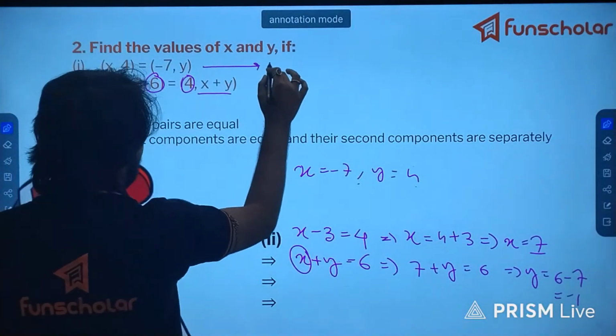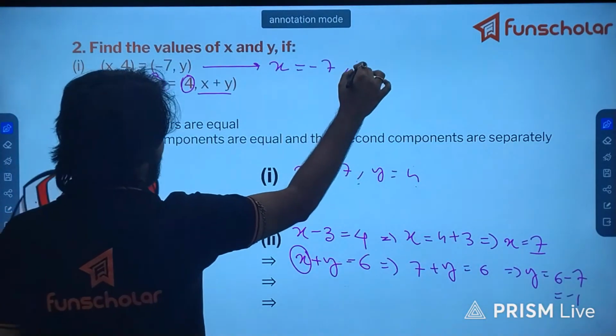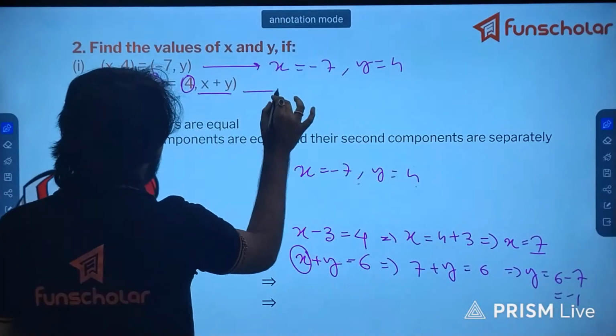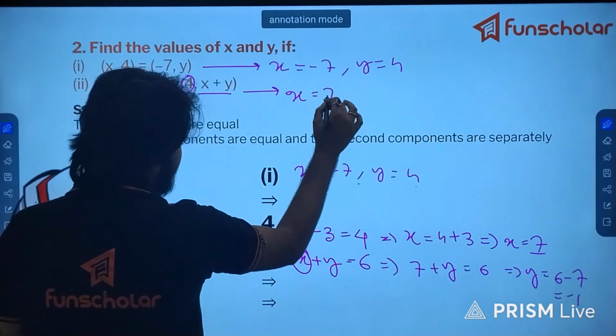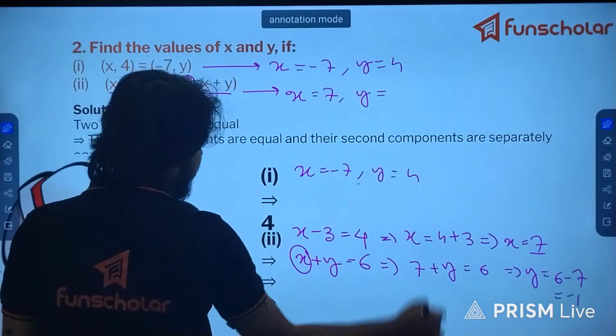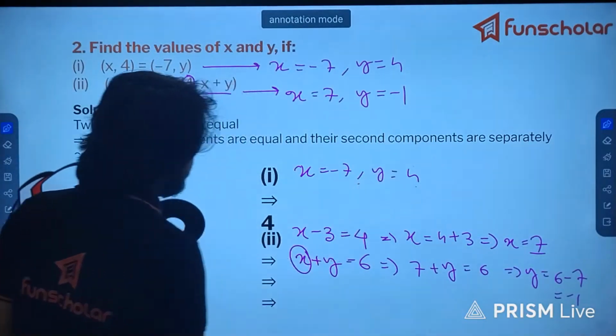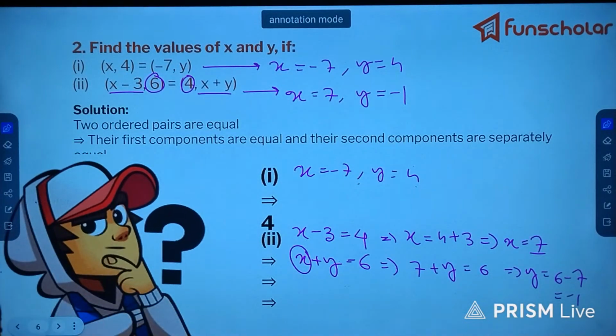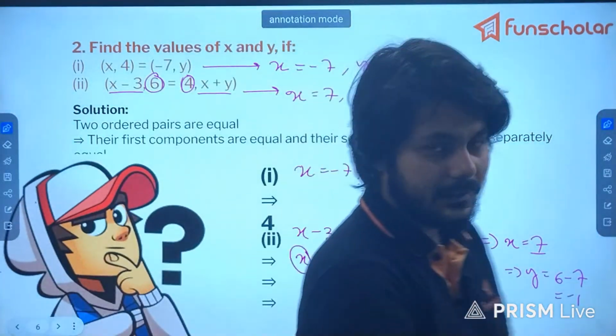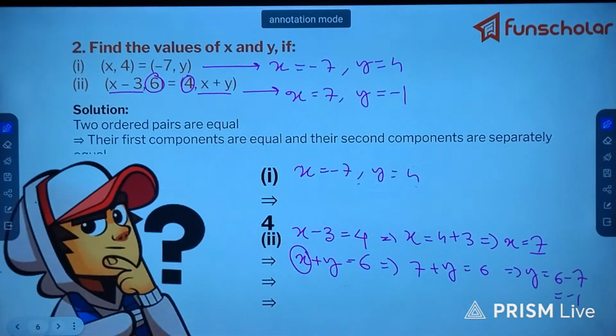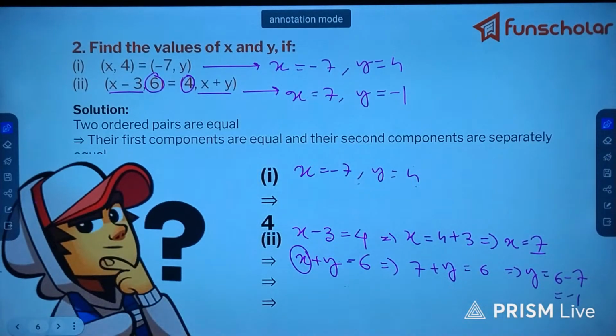So in the first case x equals -7, y equals 4, and for the second case the value of x is 7 and the value of y is -1. This is a very basic short question that often comes in your question paper. Just take a screenshot or you can note it down.